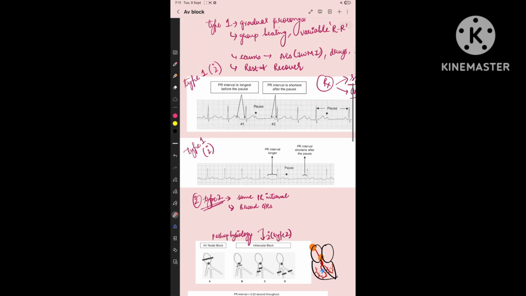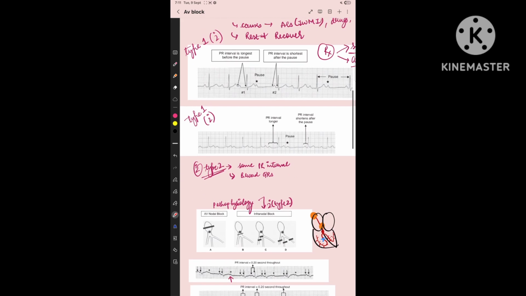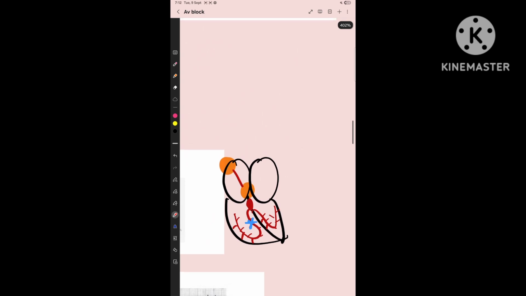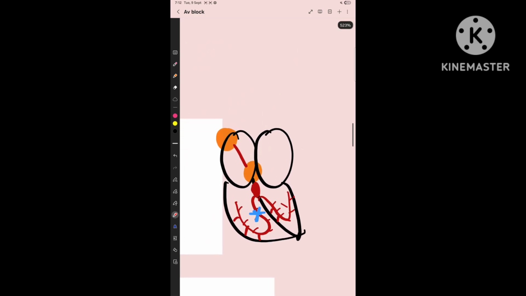On the contrary, coming to second degree type 2 AV block, in this there is already a baseline bundle branch block. The patient is already suffering from either a left bundle branch block or a right bundle branch block.